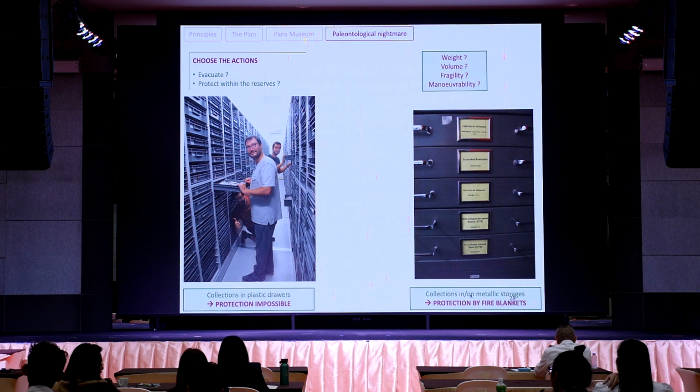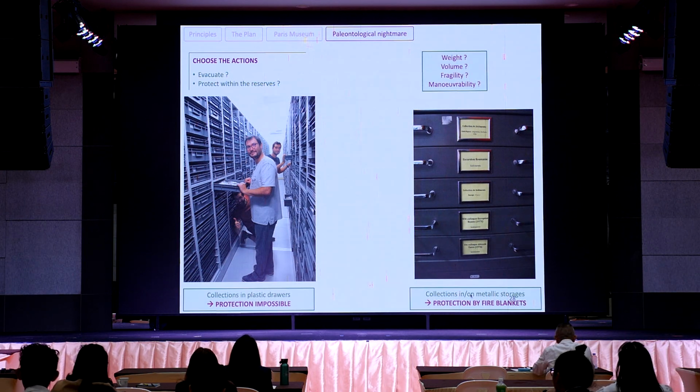In case of fire, this plastic drawer will melt, so they can never be protected on site. So for all fossils that we consider should be taken from these reserves, they have to be evacuated because of the way they are stored.